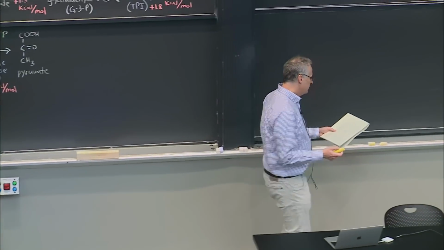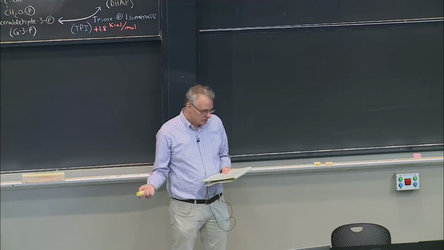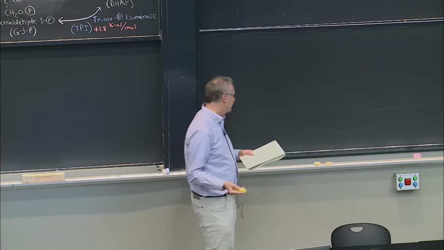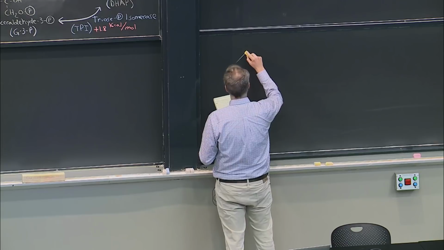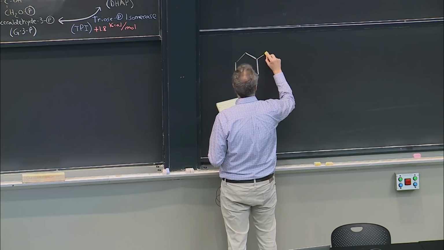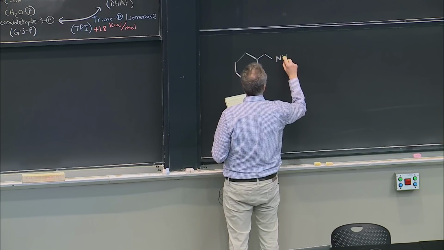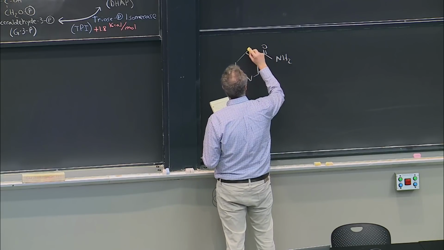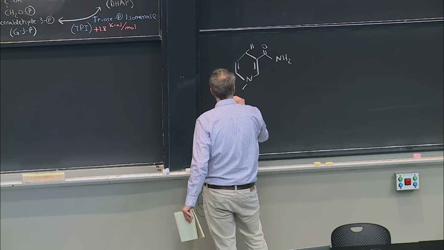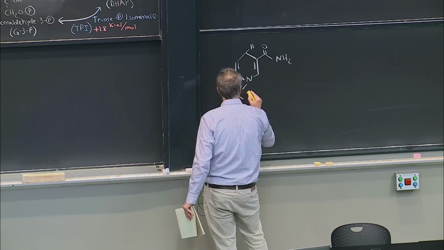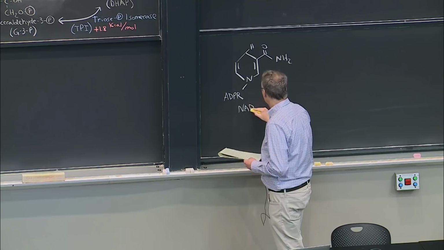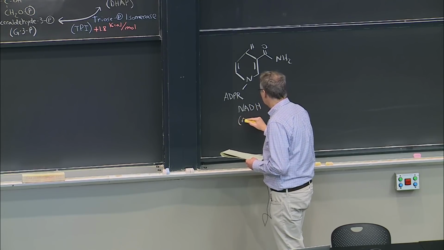The simplest fermentation reaction that we can do is the one that's done by animals, and that's to generate lactate. And so, to just illustrate this explicitly, here is the reduced form of NAD, NADH.